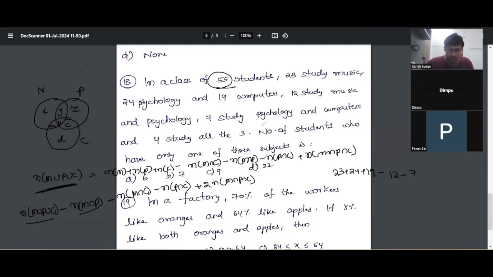Point ఇవ్వలేదు సార్ అది. Okay, ఇది ఇవ్వలేదు అయితే then you have to take it as 55, right? So from here you have to find the people who will study music and computers. ఇది కనుక్కోవాలి మీరు.